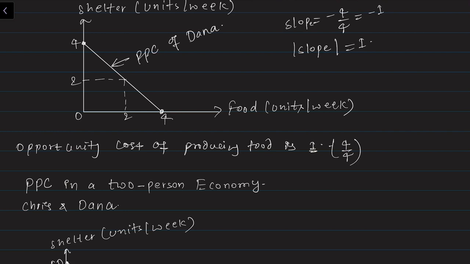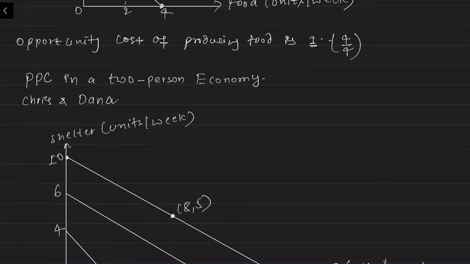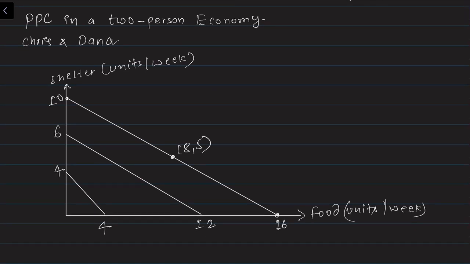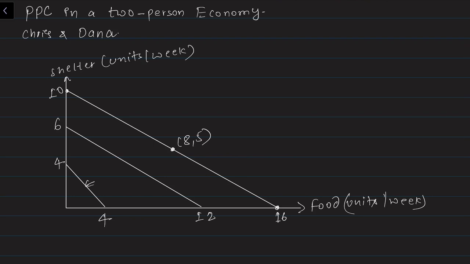Now, let's understand the PPC in a 2-person economy. So far we saw the PPC of a single person economy. This was the PPC of Dana. This was Chris.